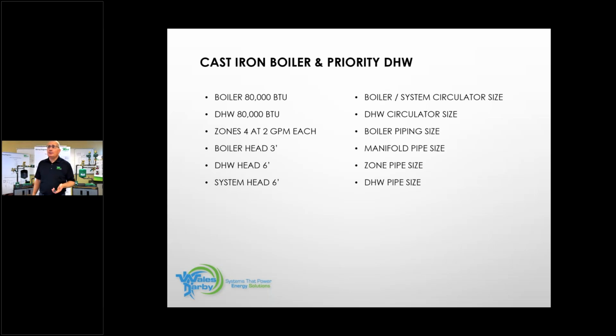I got a pressure drop through the boiler of 3 feet of head, 6 feet of head for the domestic coil. My system side has got 6 feet of head. I need you guys to tell us boiler or system circulator size, domestic circulator size. Give me the piping size for the boiler, your zone pipe size, and domestic hot water pipe size.